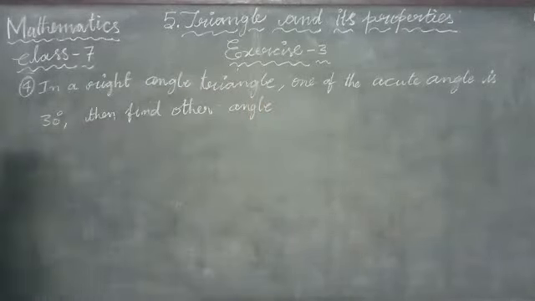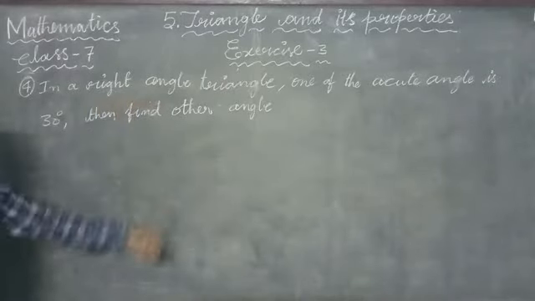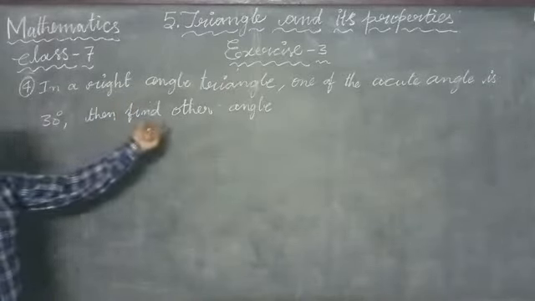Okay, this is the problem in a right angle triangle. One of the acute angles is 30 degrees, then find the other angle.